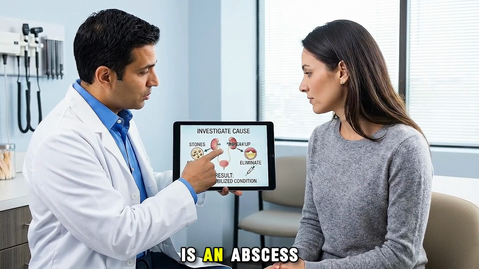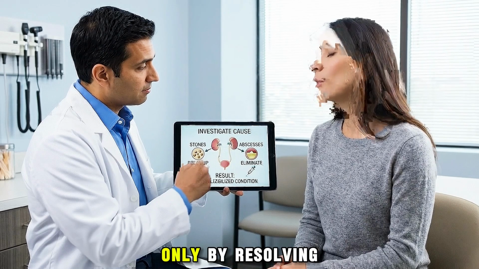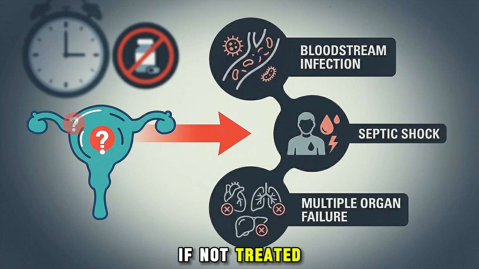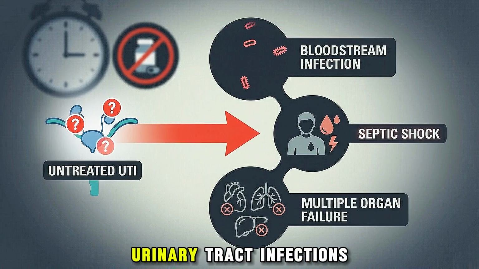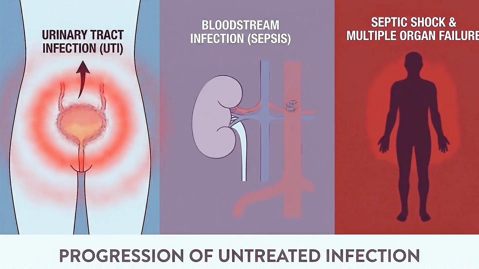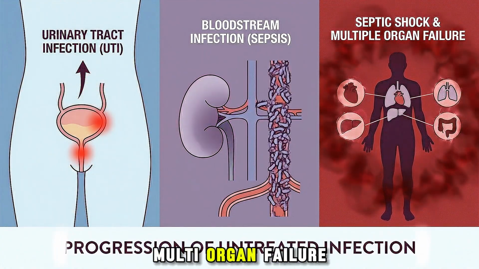If the cause is an abscess, the doctor must drain or eliminate the abscess. Only by resolving the root cause can the condition be stabilized. If not treated promptly and correctly, urinary tract infections can lead to complications and more severe infections, such as sepsis, blood poisoning, septic shock, and multi-organ failure.